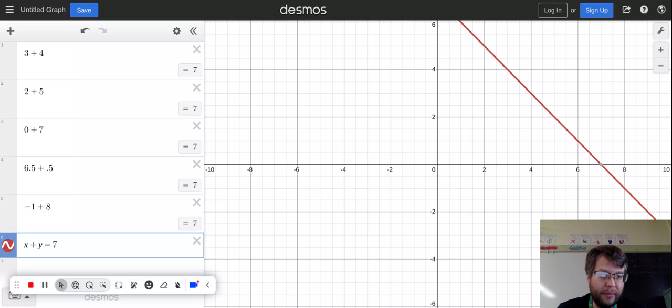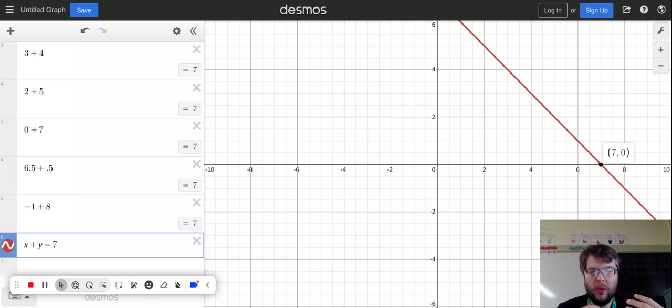And you can see there's a graph there, and think about what the graph is telling you about the solutions. Like over here, you can see a 7 and a 0, which adds up to make 7. If I click right here, you can see a 5 and a 2. That adds up to make 7. In fact, even that weird decimal, 5.03 and 1.97, also adds up to make 7.